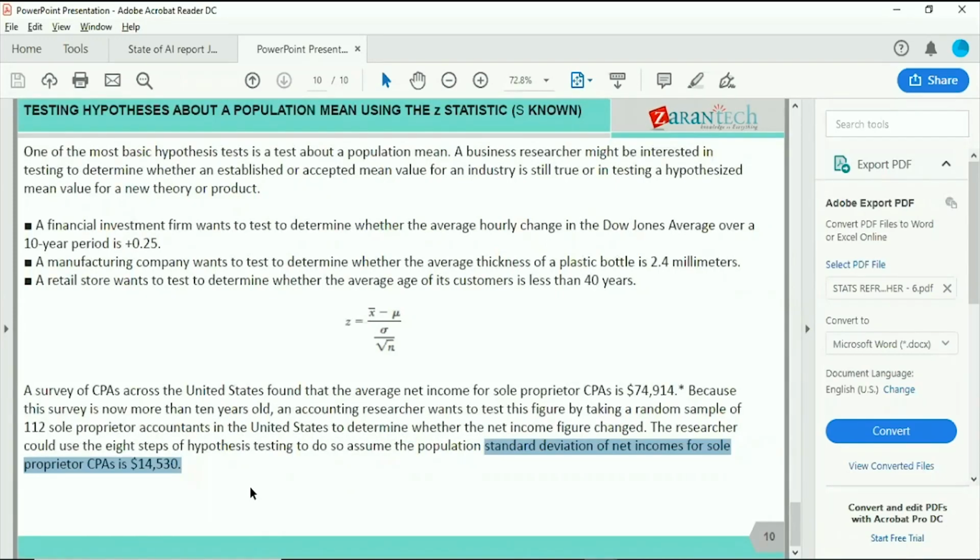Now, can somebody tell me what is the null hypothesis and what is the alternate hypothesis here?